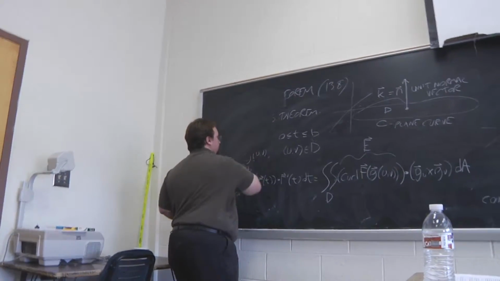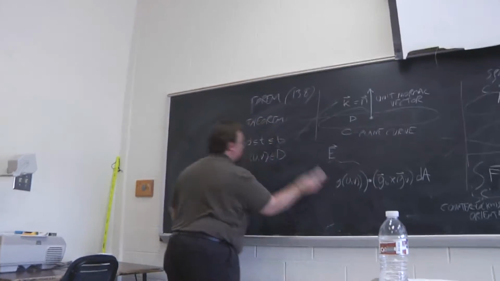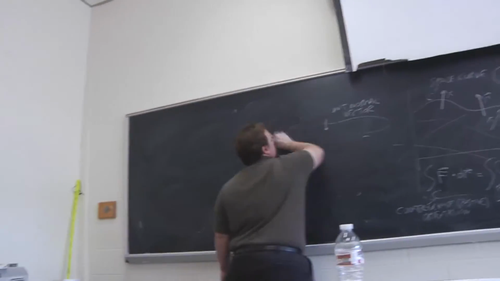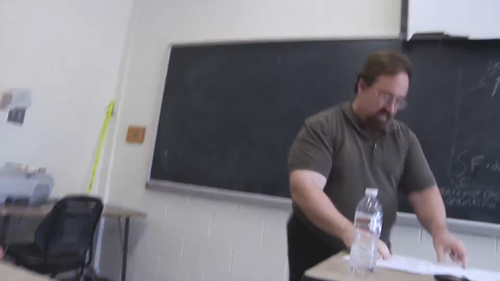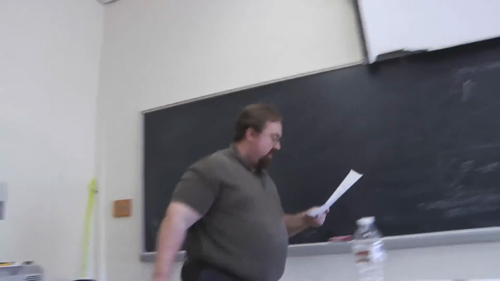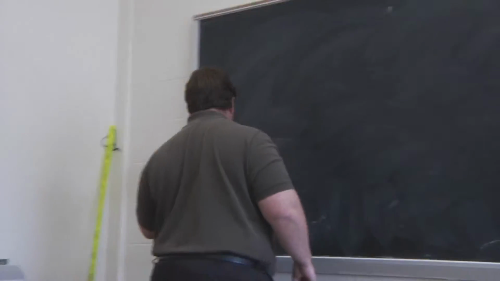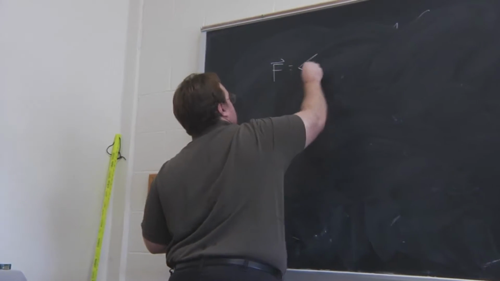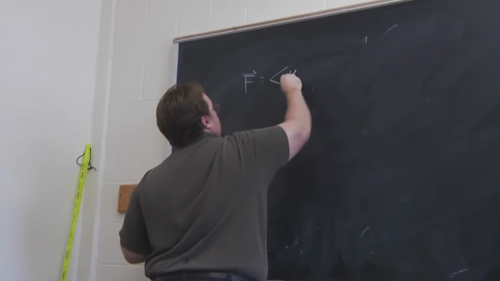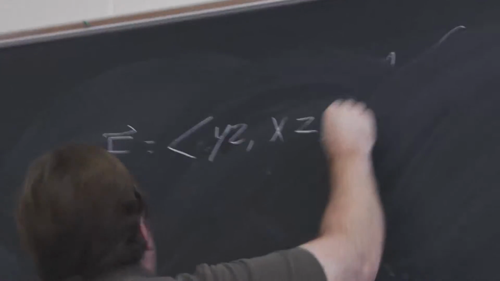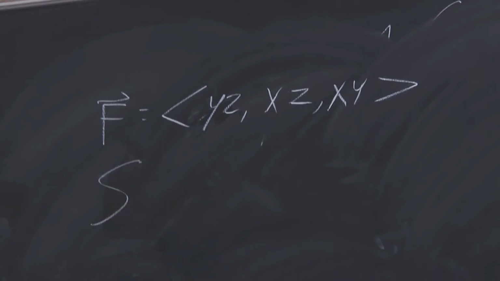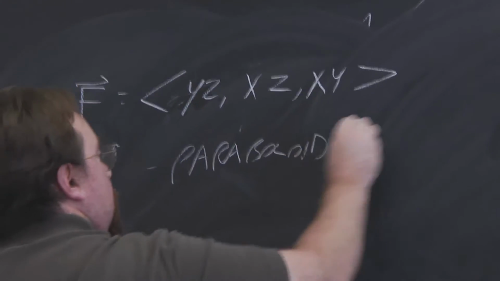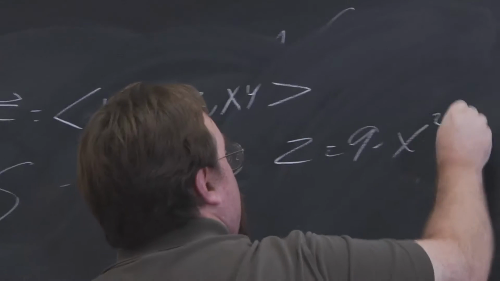A couple examples. Okay, so we have vector field F, yz, xz, xy, and then S is a paraboloid, z is equal to 9 minus x squared minus y squared.